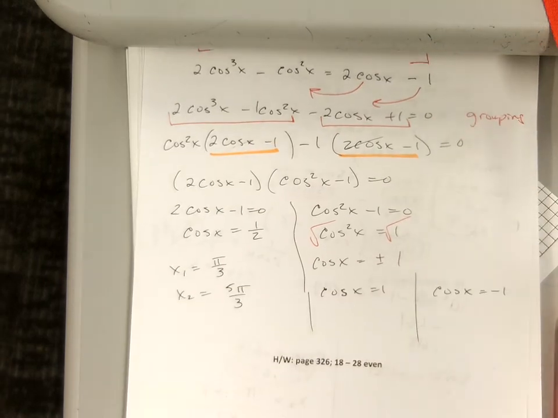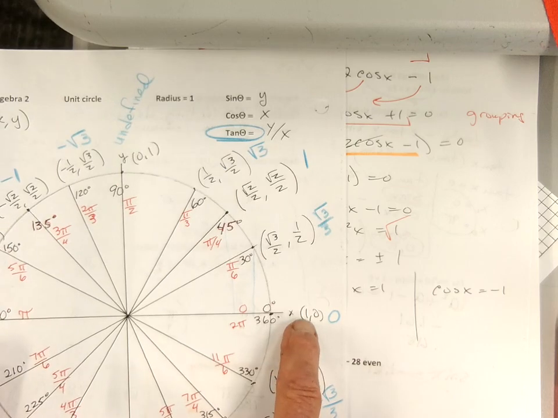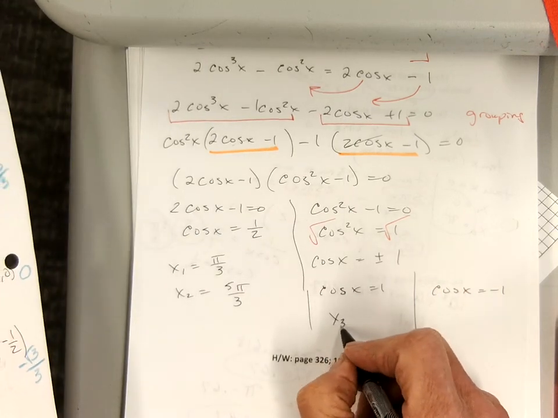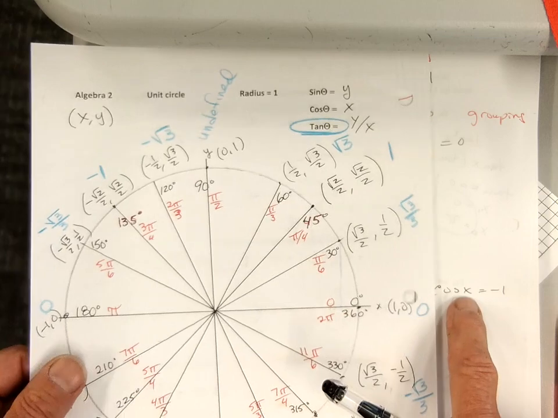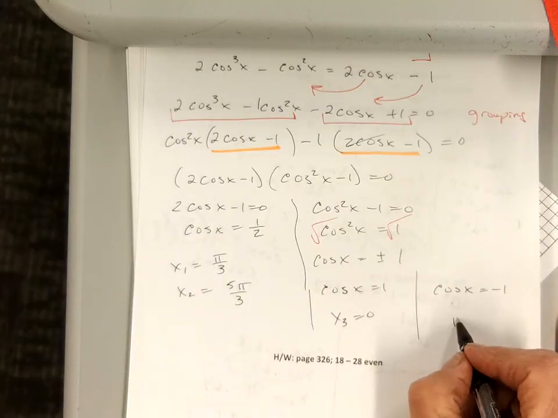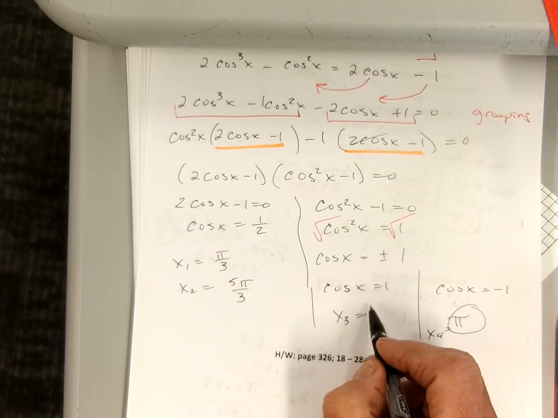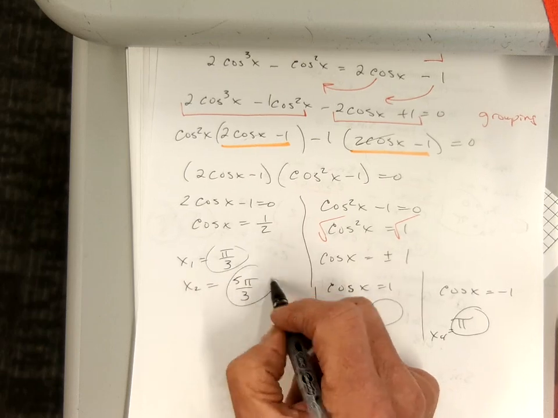I think that's on the unit circle too. Cosine is the x value. Cosine of 1 is at 0 radians. And cosine of negative 1 is on the unit circle, there's the x value, pi radians. Okay. 1, 2, 3, 4 answers.